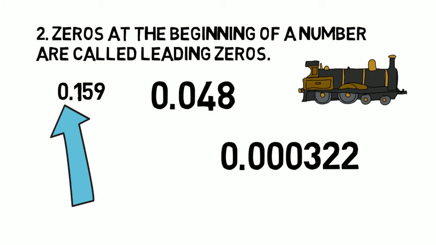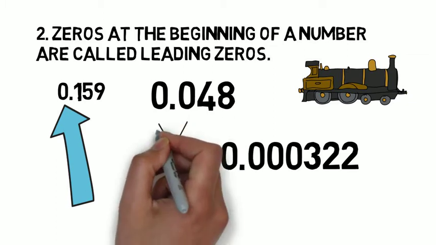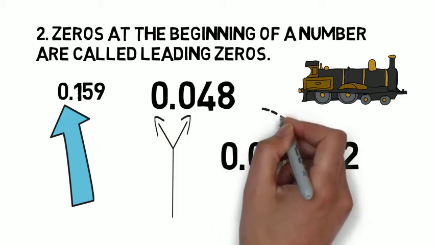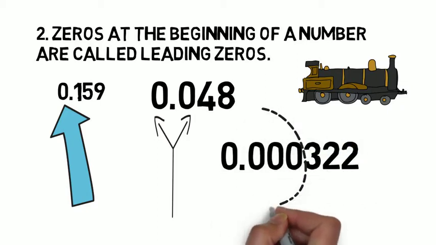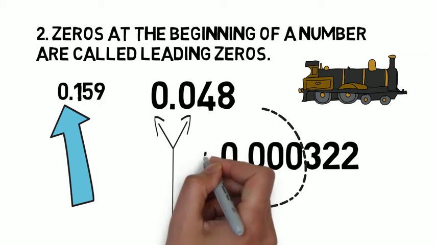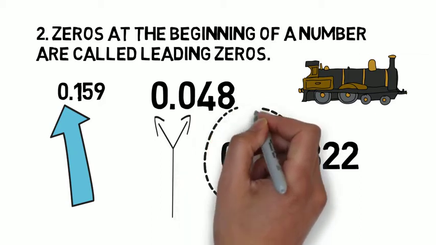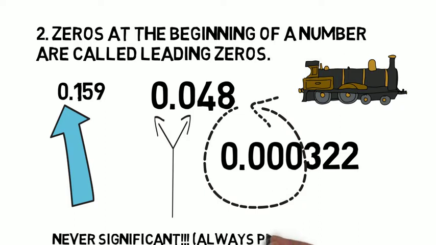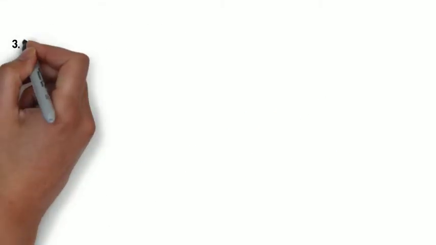So if you look at this first measurement, that first zero is a placeholder. It doesn't count. So you have 3 significant figures. In the second measure, neither of those zeros count, and you have 2 significant figures. And the third measurement, none of those zeros count, and so you only have 3 significant digits. So again, leading zeros are never significant and they don't count. They're always just considered placeholders.